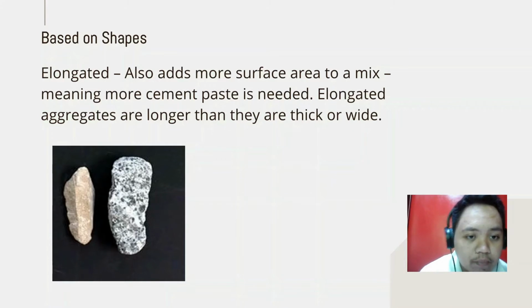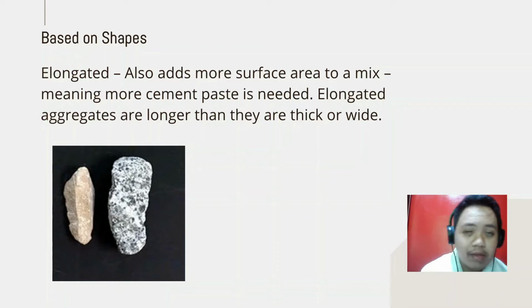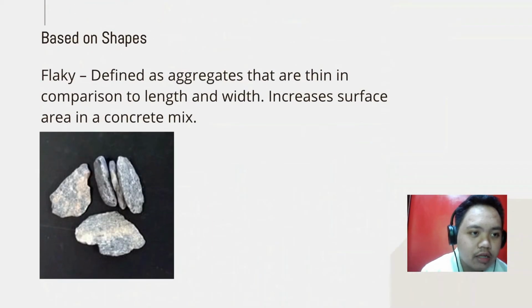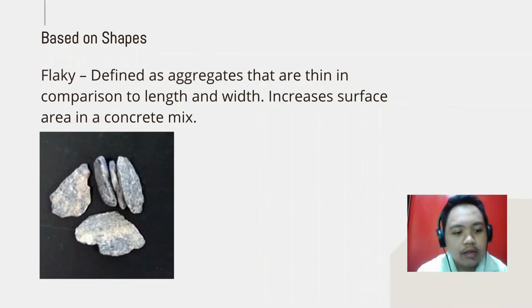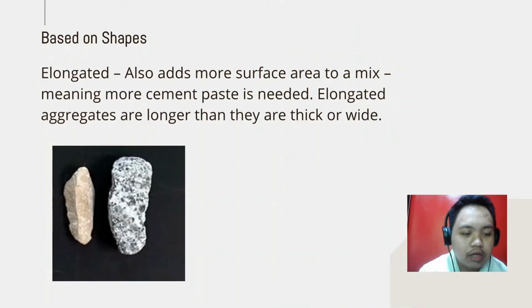So ito nga, yung sa angular aggregates, mas mahaba siya, no? So you can see here, pinag-usapan natin kanina, itong flaky aggregates natin, it is very thin but it is not long. Okay, so dito naman sa elongated natin, it is long but it is not thin.